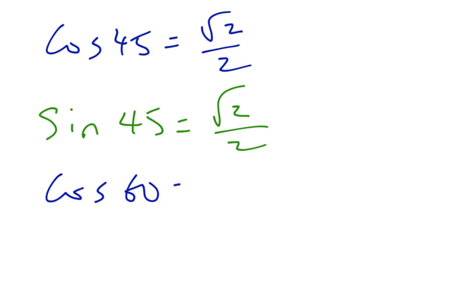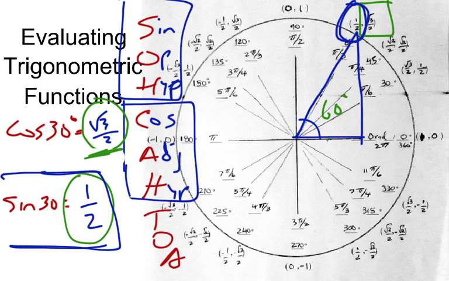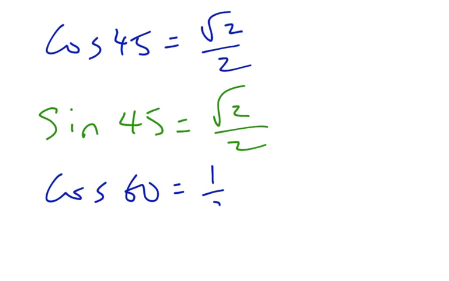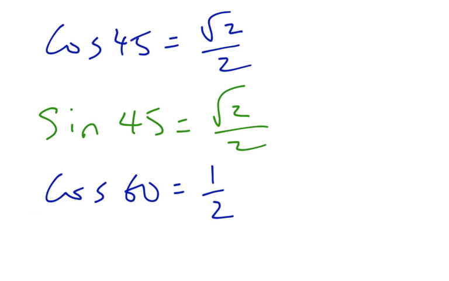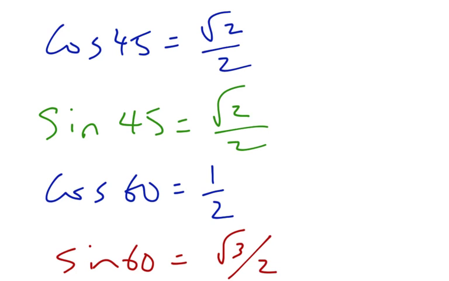Cosine of 60 equals 1/2. If I want to do sine of 60, then I look at the y value. So sine of 60 is square root 3 over 2.